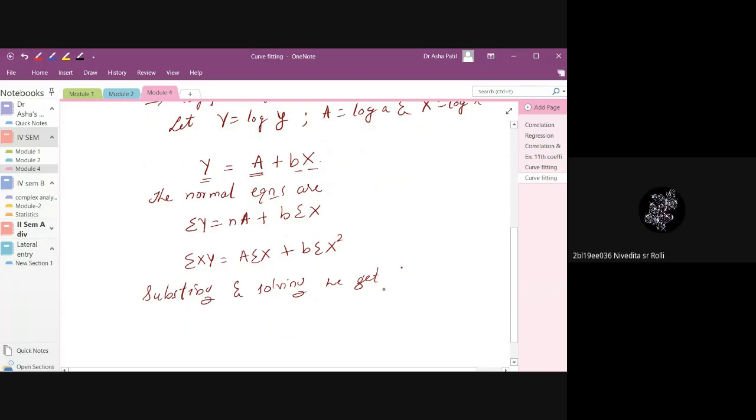After solving these two, we get capital A and small b. Now you are fitting a curve in the form y is equal to a x raised to b. That means you want the value of small a, whereas you know the value of capital A. We have taken capital A is equal to log of small a, so from this we go back and find the value of small a.